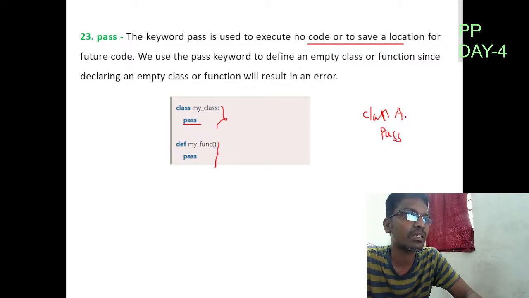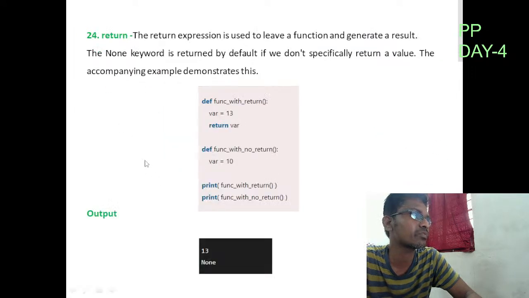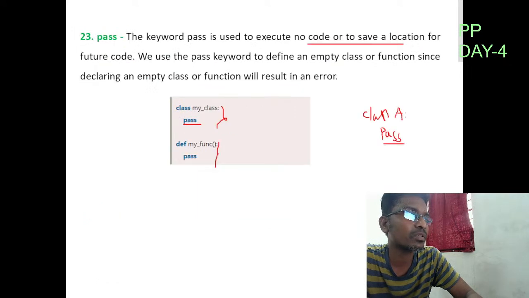For that you have to use a pass keyword in Python. Whereas in C programming you don't have a pass keyword, so compulsorily you have to define the function.